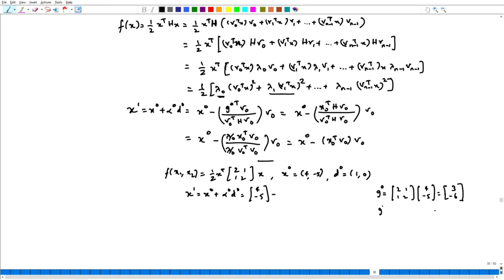So, g 0 transpose d 0 is 3 and d 0 transpose H d 0 is 2, right. So, we write 3 by 2 times 1 0, which is just 2.5 minus 5. The first element is 4 minus 1.5, which is 2.5, and the second element remains the same, which is minus 5.